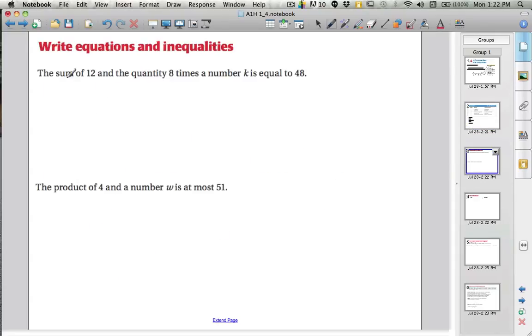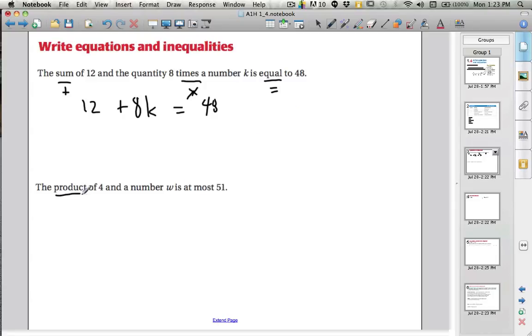Okay, so if we want to have the sum of 12 and the quantity 8 times the number k, the sum is going to be addition, and 8 times is going to be multiplication, is equal to. So we're going to have 12 plus 8 times the number k, which would be 8k, is equal to 48.